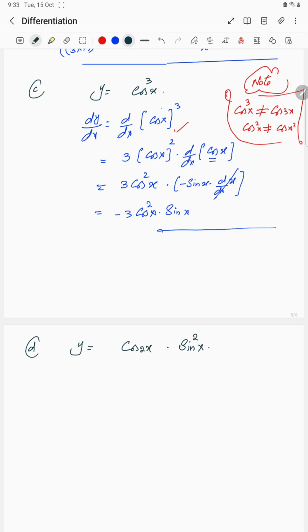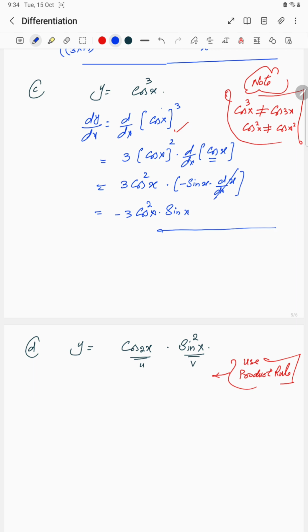I told you I can't take this 2 out from it. So two trigonometric functions are going to multiply. Let's suppose one is u and one is v. So we apply the product rule because they are going to multiply.